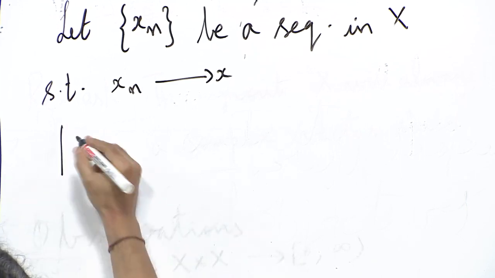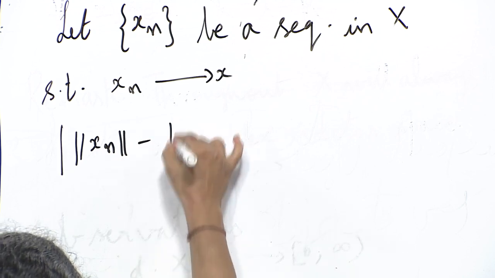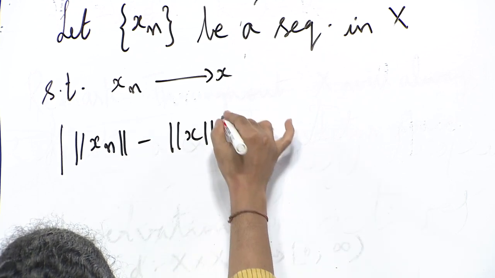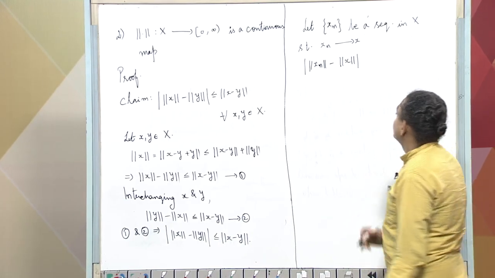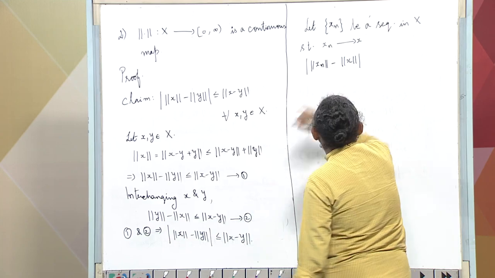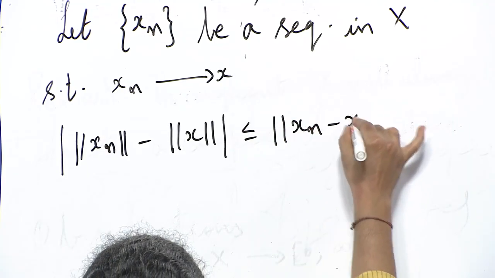So, modulus of norm x n minus norm x, this is what we wanted. We will have to show that this goes to 0. If you use the above inequality, then this is less than or equal to norm x n minus x.